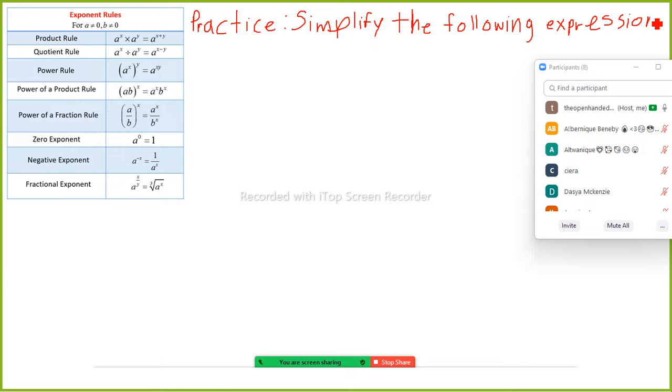We're not restricted to say rule number 8 or rule number 4 or rule number 3. At any point, we can apply any rule that we want. So just be careful of that.